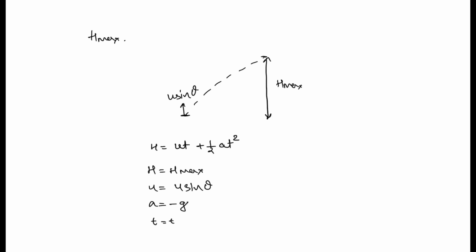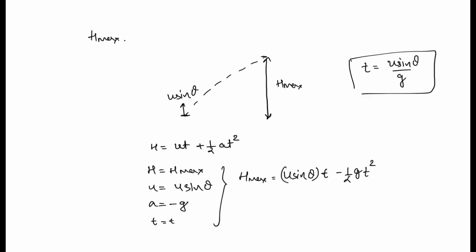So h max is equal to u sin theta into t minus half g t square. We have put a is equal to negative g, so minus. Now t will be u sin theta divided by g.